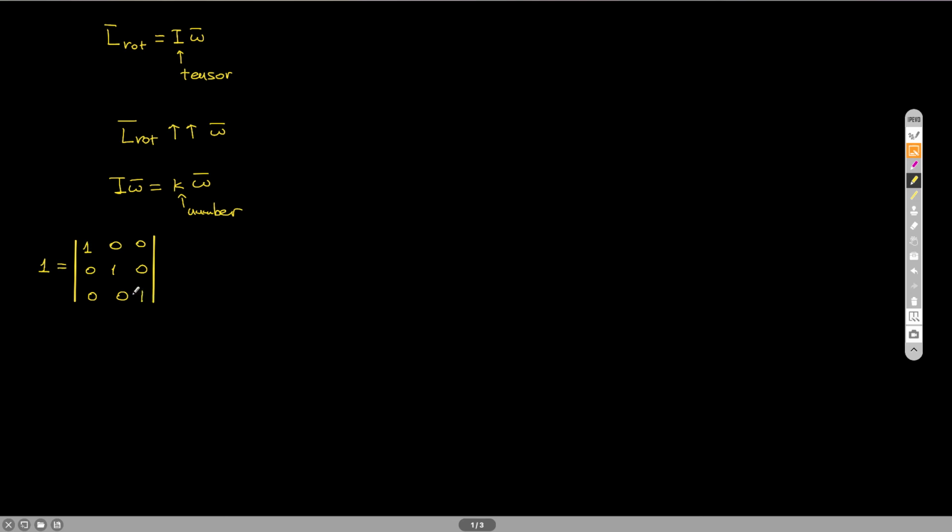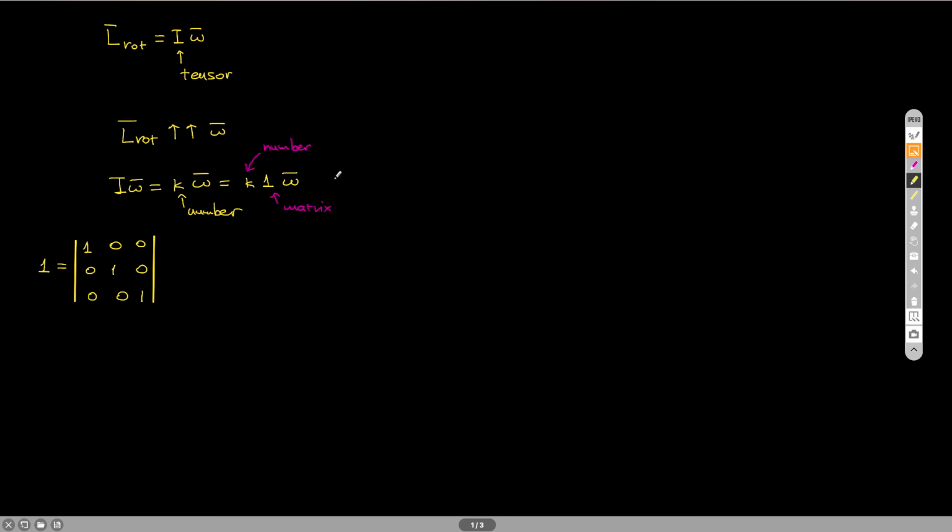I'm just changing the 1s to k. When I multiply that with omega, essentially I get the same result as k, the number, times omega. So I can say k, a number, times the unit matrix, the identity matrix, times omega. Let me make a note to make it clear: this refers to a number, and this refers to a matrix.